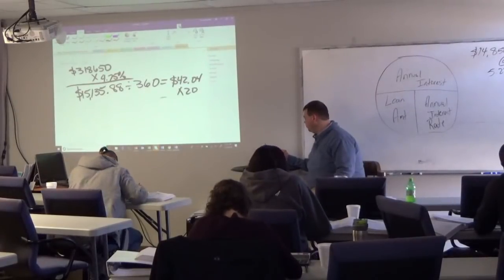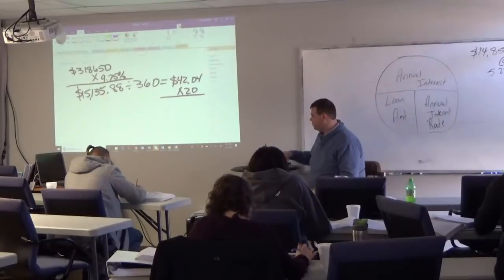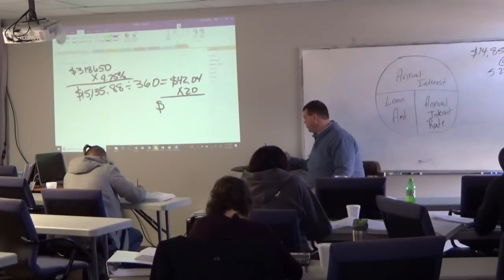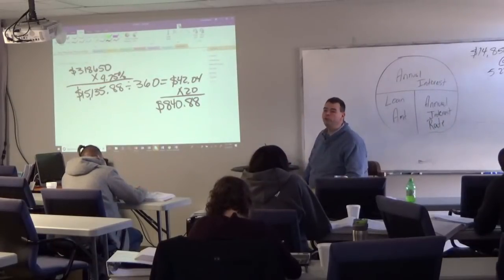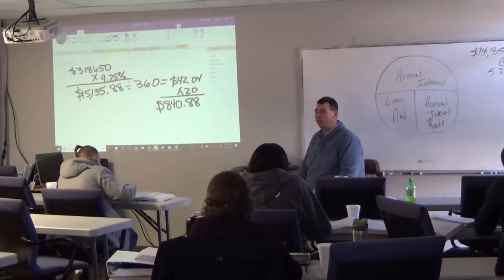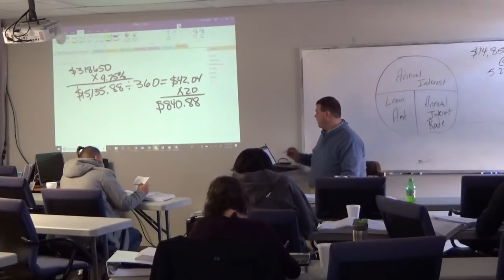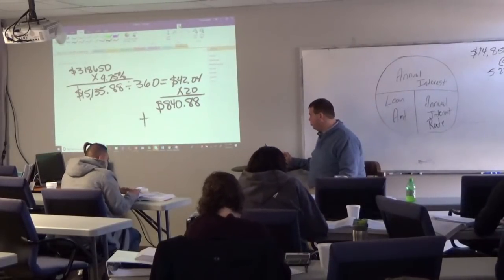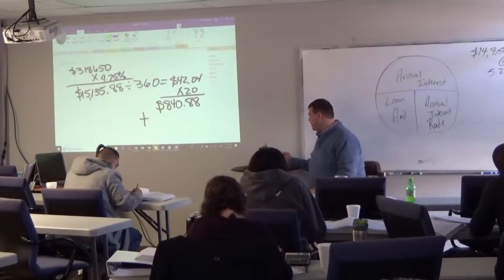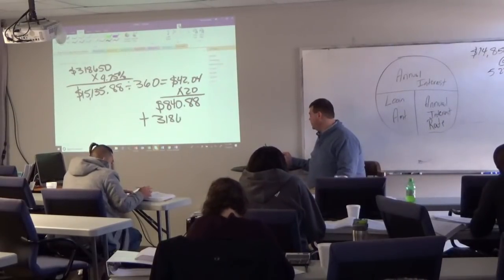Times 20 days. And that is $840.88 in accrued interest on that loan. That's how much interest has built up. Is everybody good on that? And then we're going to add that to the $318,650.